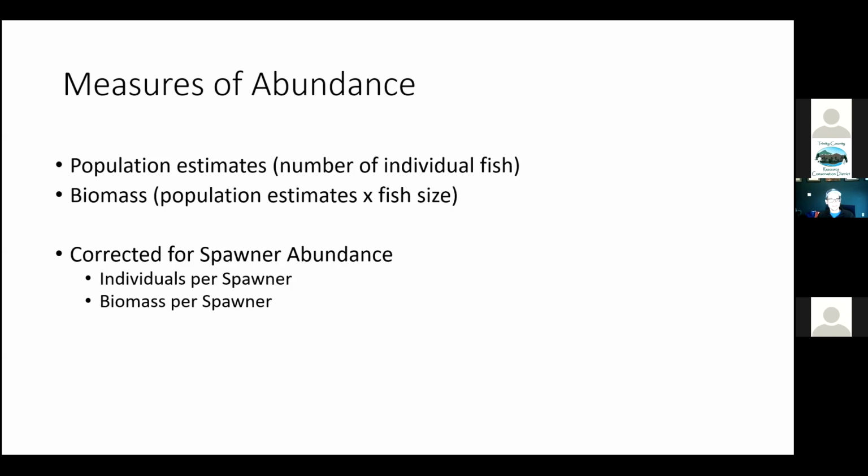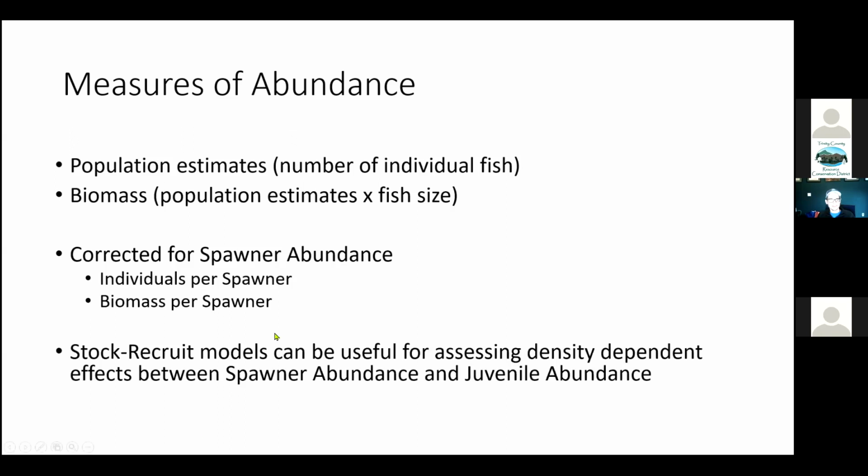So we've corrected our population estimates and biomass estimates by number of spawners, so just numbers of individuals per spawner and biomass per spawner. And then I'll dive a little bit into stock recruit models, which are useful for assessing density dependent effects between spawner abundance and juvenile abundance.